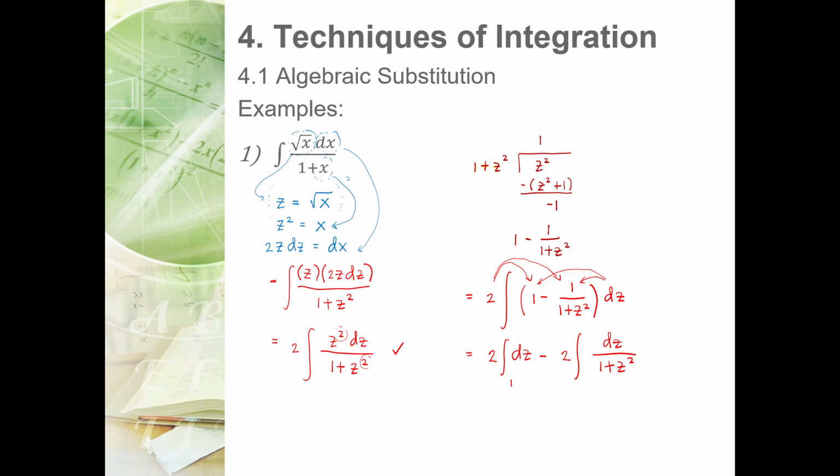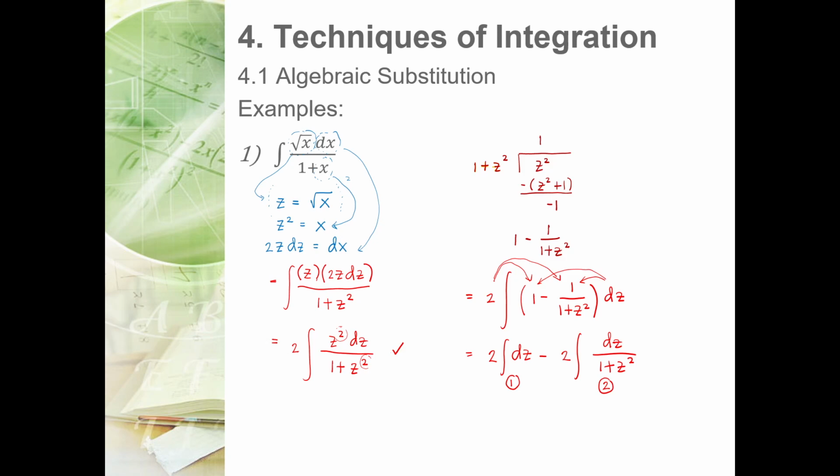So the first integral is just simple since you're just integrating dz. But for the second term, it may seem confusing, right? But it's also simple because this one is arctangent.